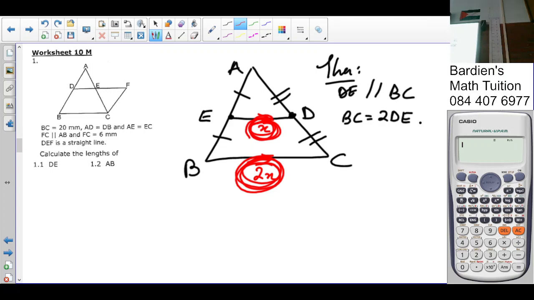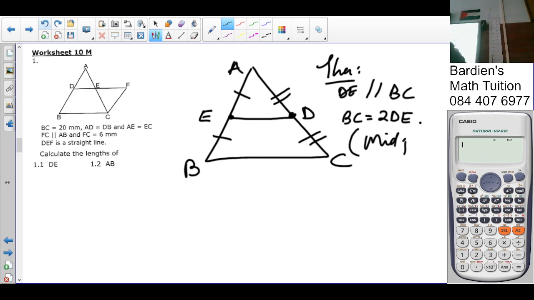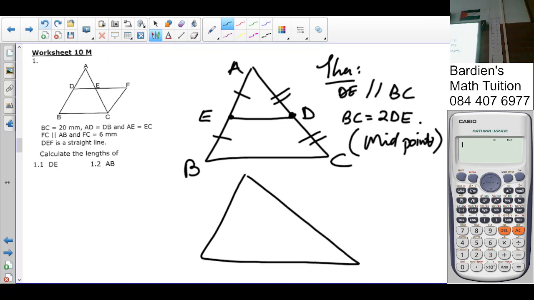And if we use this theorem, we just say it's the midpoint theorem. We use any of these, we say it's the midpoint theorem. Just say midpoint. Alright? You guys know what is converse?